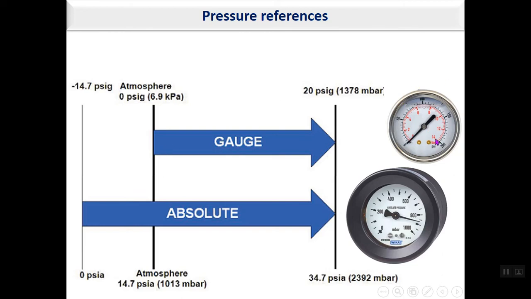So if you have a gauge like this one which reads 0 when it is open to the atmosphere, then it measures gauge pressure because it shows the atmospheric pressure as 0. If you move this gauge from, for example, a city at high altitude to a city near sea level, do you think that the pointer will move to the left or right?